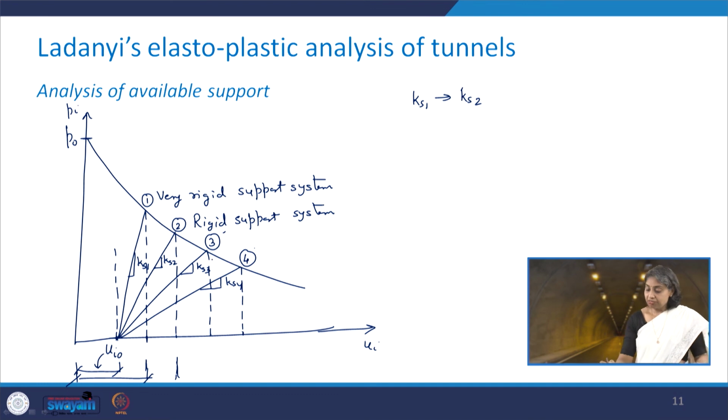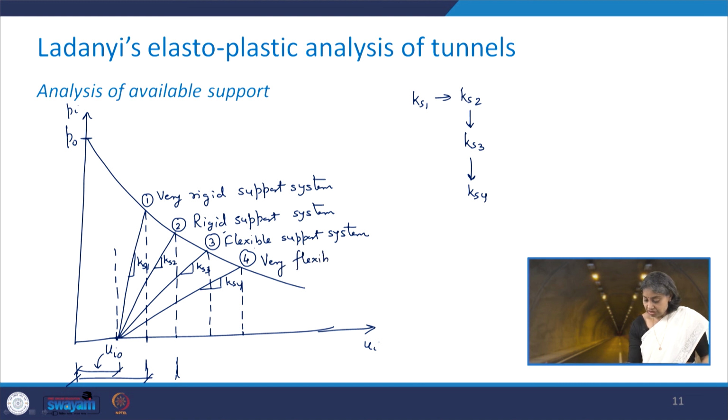Coming to the third one, when we go from Ks2 to Ks3, that means stiffness is further reduced. So in this case, maybe we can call this the flexible support system. And in case we further reduce it to Ks4, what we have is a very flexible support system.